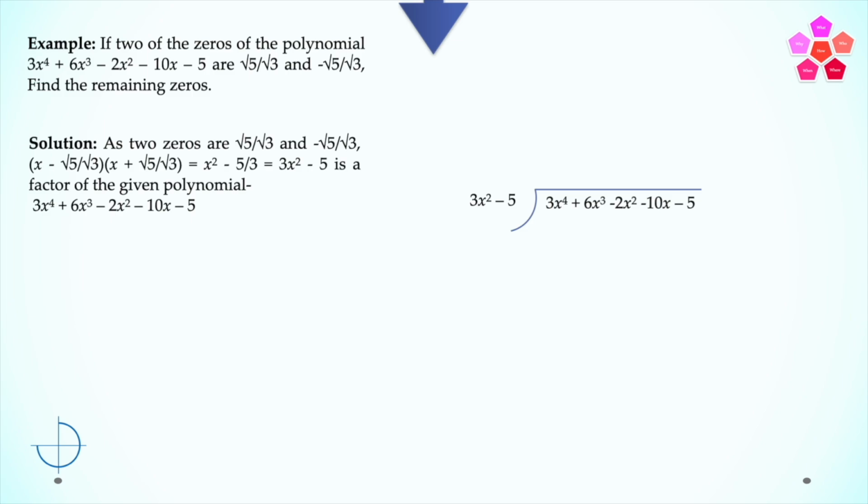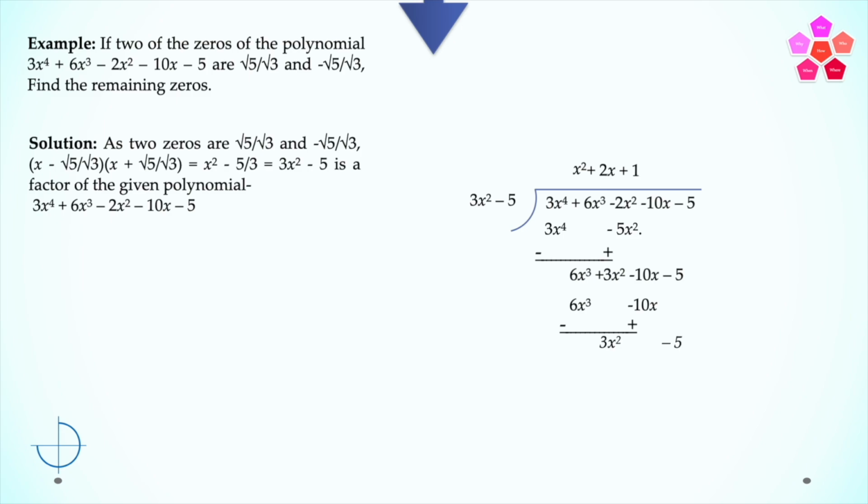So we multiply 3x squared minus 5 with x squared, which will make it 3x raised to the power of 4. Here, after doing the first iteration, we get 6x cubed plus 3x squared minus 10x minus 5, and again we multiply the divisor by 2x, we get 6x cubed minus 10x. Finally, we are left with 3x squared minus 5.